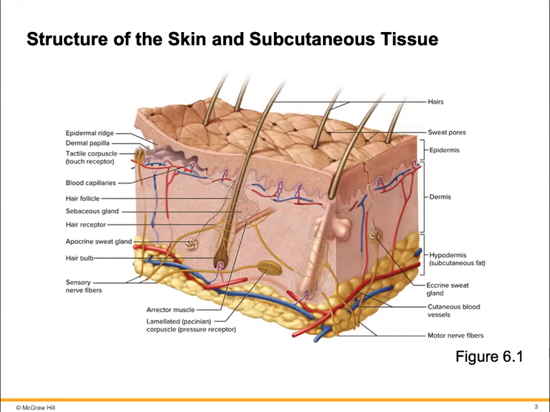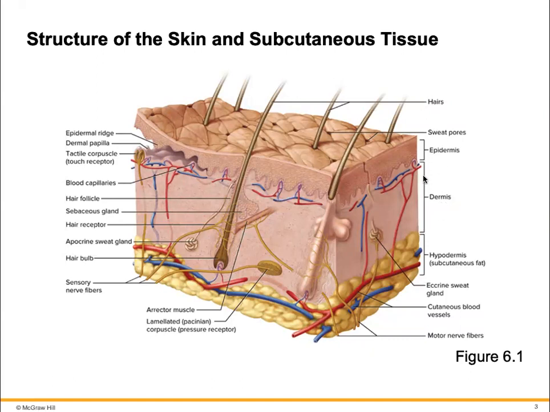Now, you'll notice that the root word dermis is present in all of the terms for the layers. And the dermis itself is made up of connective tissue, primarily loose areolar tissue and reticular tissue the further you get down. But a lot of the sense organs and blood vessels go through the dermal layer.